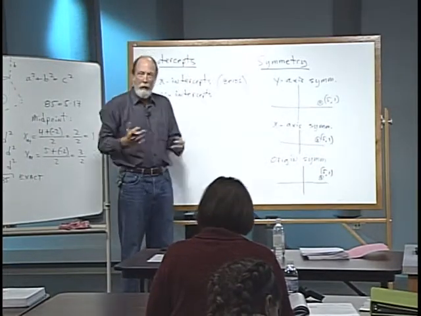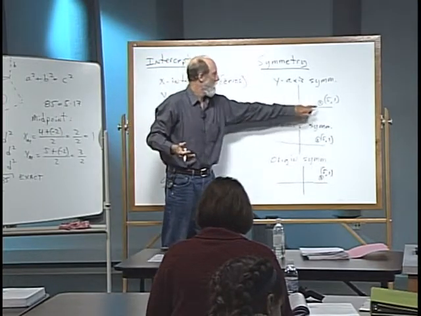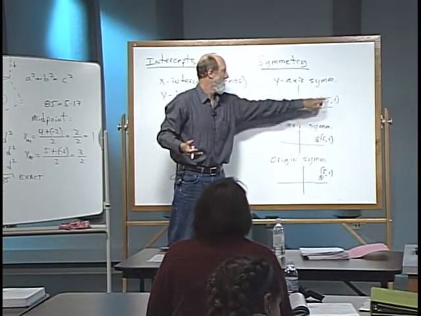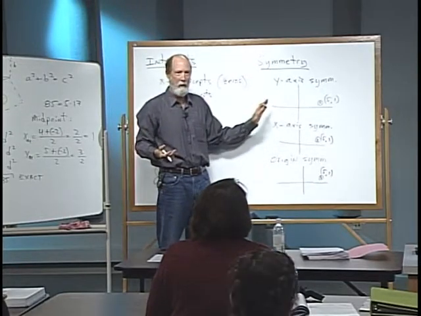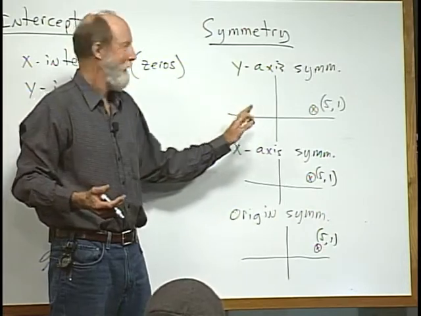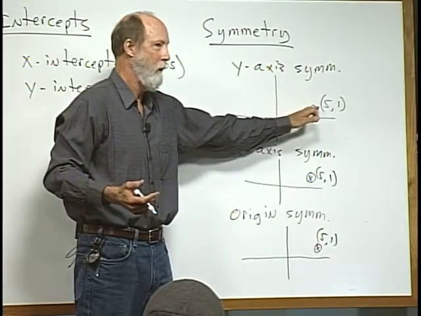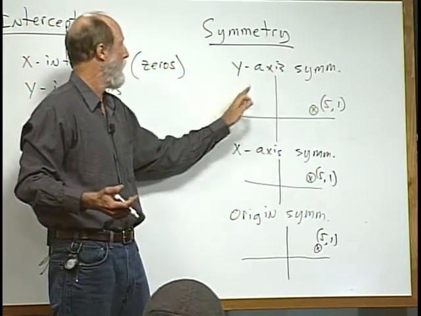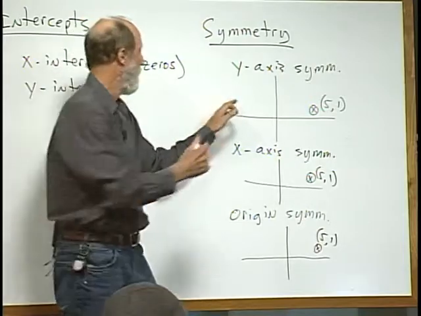Okay. Now, based on the vocabulary that you see here, what point would exhibit y-axis symmetry to this point 5, 1? Would it be positive 5? Oh, it'd be a negative 5 to get it over here on the other side of the y-axis, right? Negative 5, 1.